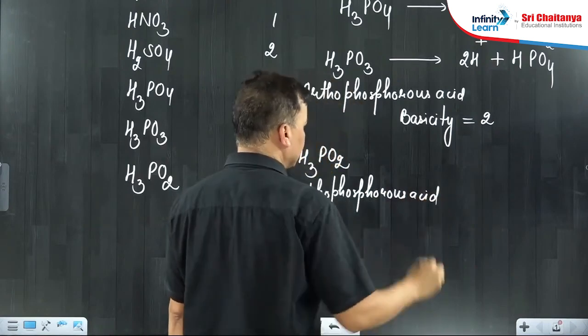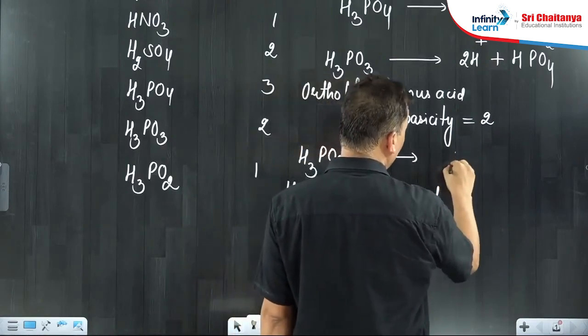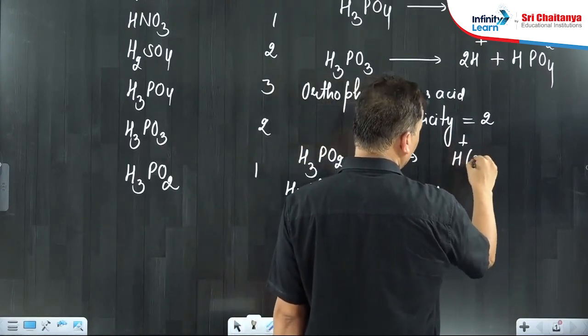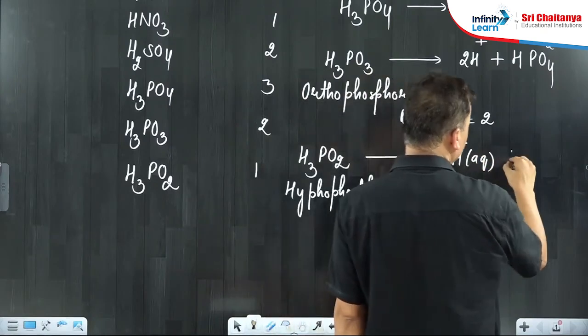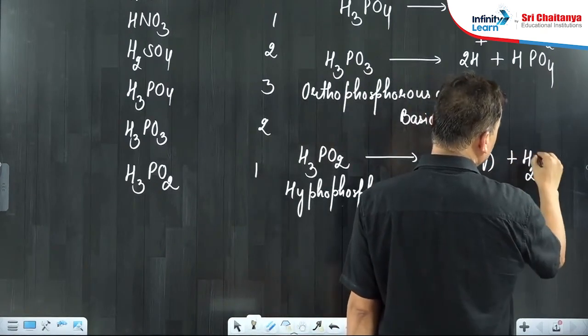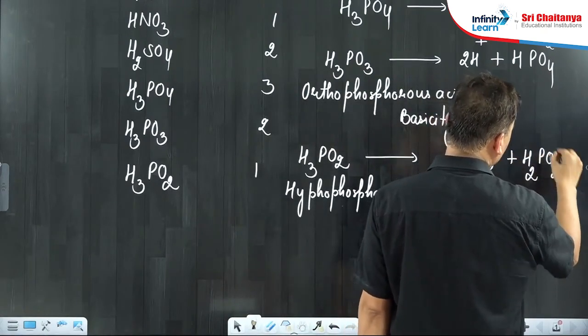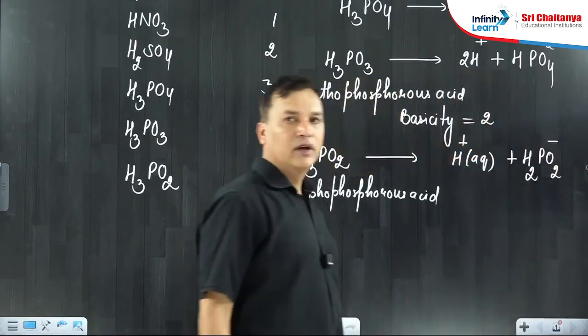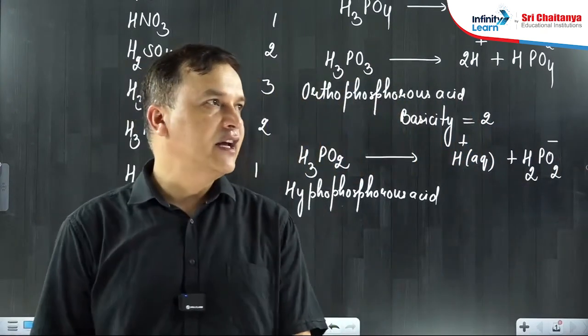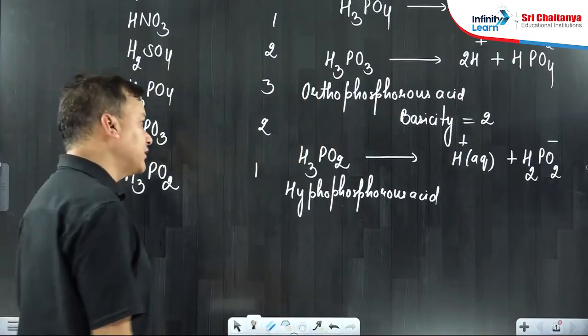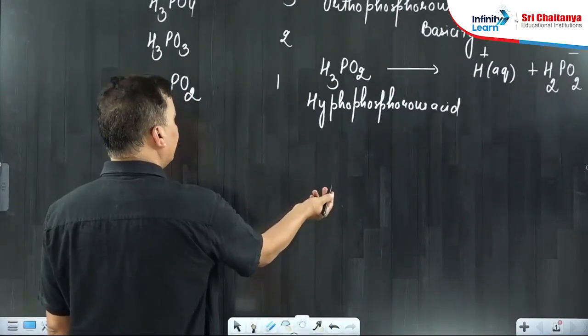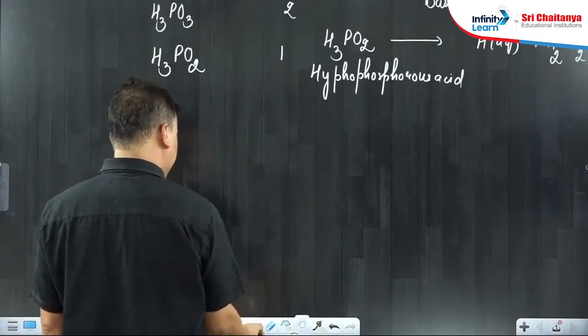How many H positive does it lose in the water, aqueous medium? Only one H positive. The rest 2 H remain with this one. Here is one negative. So please tell me, what about its N factor? Its N factor is 1. So we must know about their respective N factors.